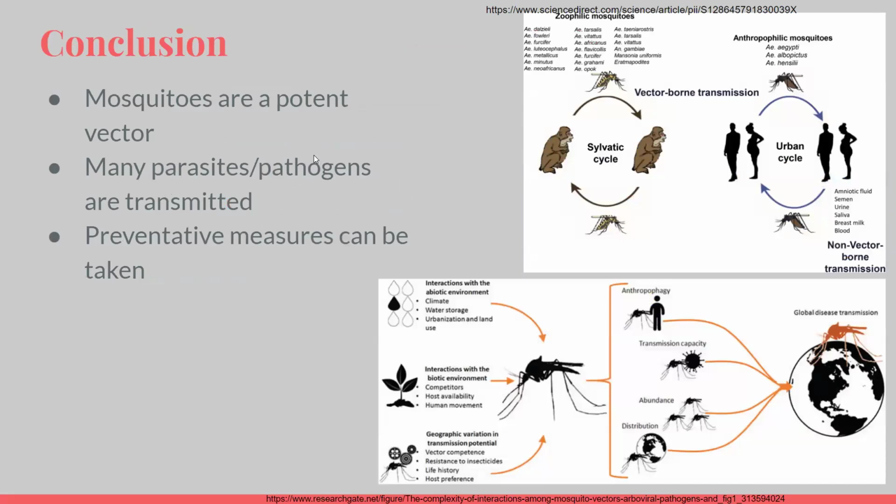Concluding this presentation, mosquitoes are a very potent vector of a wide array of pathogens, parasites, and organisms, but there are preventative measures that can be taken. Here we have these 2 images showing the zoonotic cycle, and how it can be transmitted to humans and then perhaps back again.